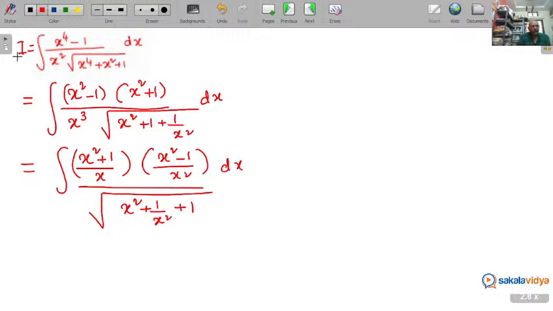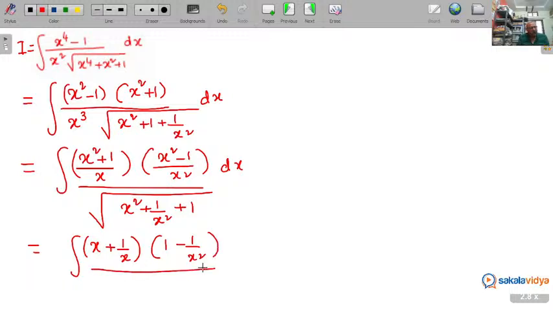So next step, this can be written integral of (x square plus 1) by x is x plus 1 upon x, into x square upon x square is 1 minus 1 upon x square dx. So upon what do you write now? This is equal to x square plus 1 by x square plus 1, you can write under root of (x plus 1 by x) whole square minus 1, dx.